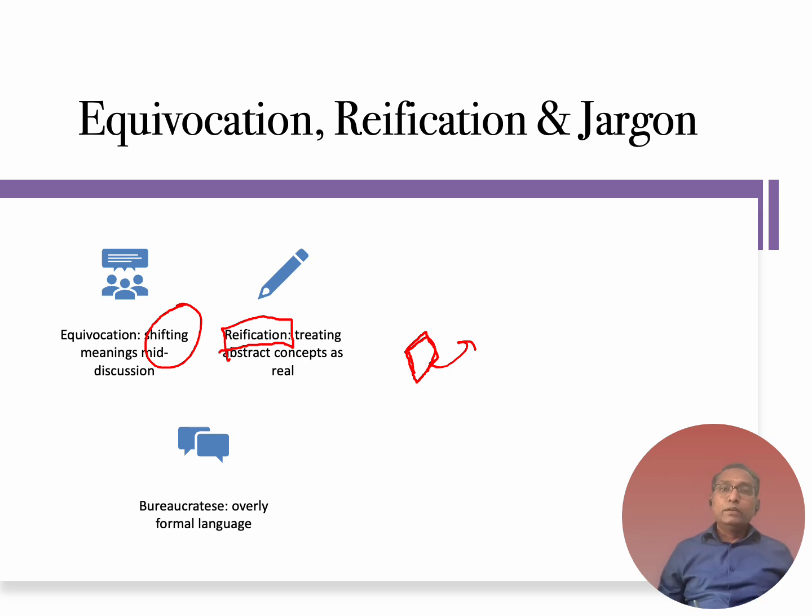Okay. The other technique people use is bureaucratese, which is jargon, overly formal language. Like, have you ever read a memo or something written by a lawyer? It has lots of jargon in it. Now, that's okay for lawyers, but if people start using jargony language in conversations, that's not good.